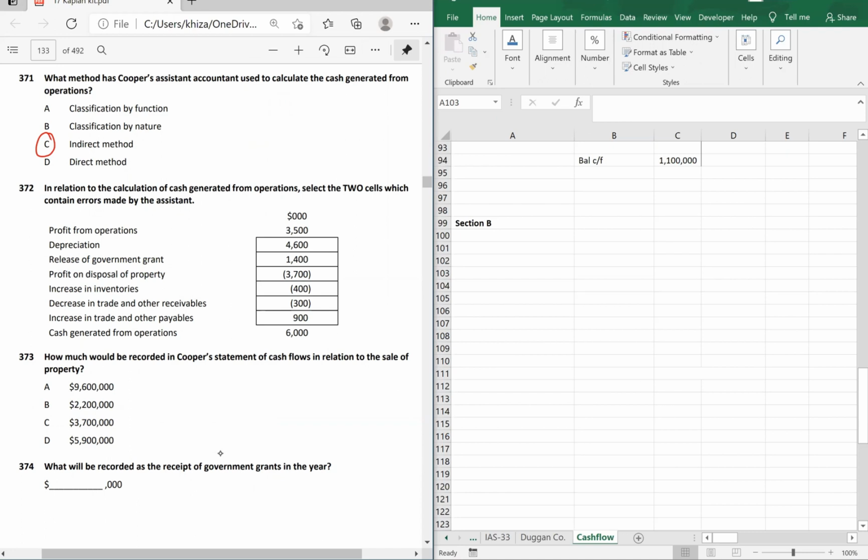Government grant. What else? Come on, guys. What's the second one? Receivables. Yes.